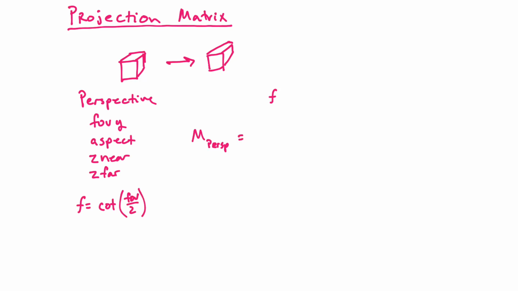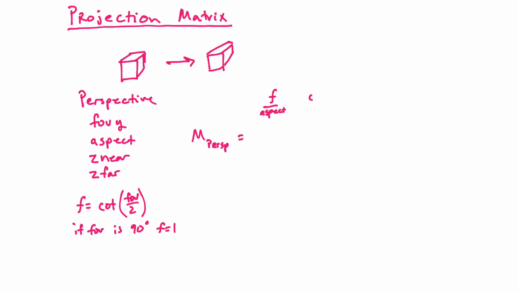Now, if the angle is, say, 90 degrees, then F equals 1. In other words, we don't do any kind of stretching with the angle of view. Okay? So we first have this value F divided by the aspect.